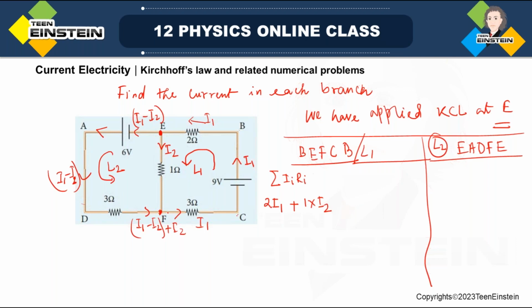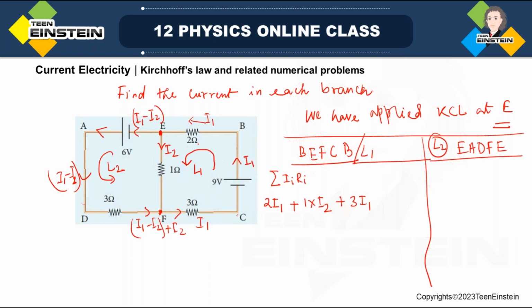Now I'll go from F to C. Here also I'm going from F to C, and the current through the 3 ohm resistor is I1, flowing from F to C. So this also will be positive.